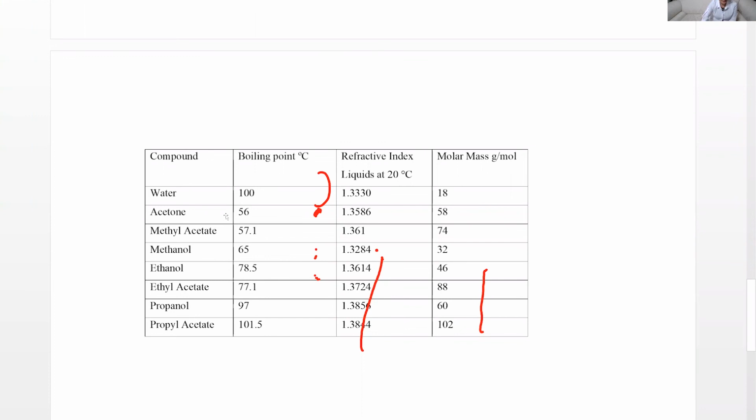So we are adding a second physical property, and that second physical property is the refractive index. You measure the refractive index. In the video, I show you how to use the machine. The refractive index from the literature value is recorded at 20 degrees Celsius.